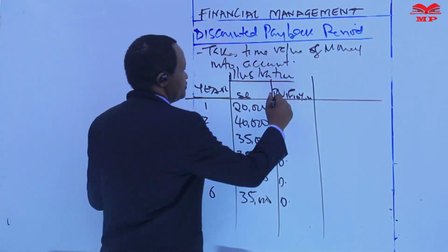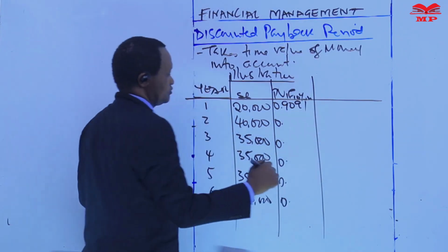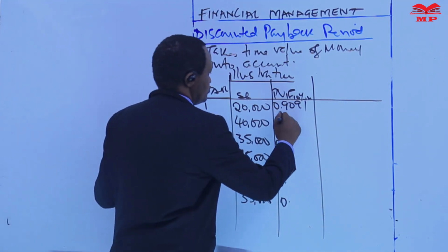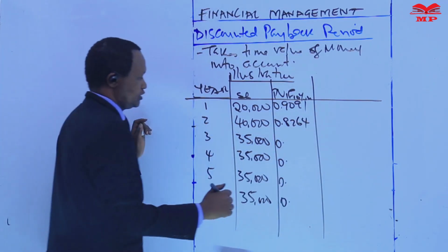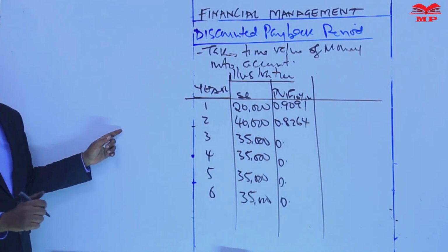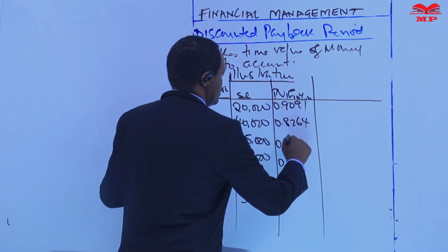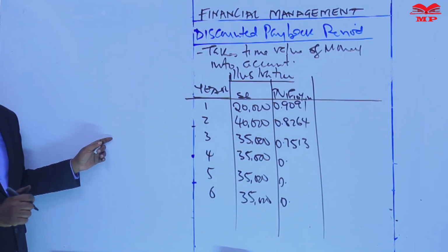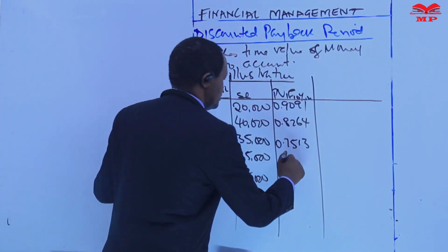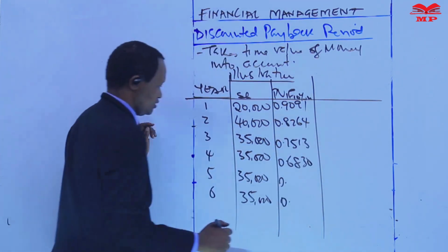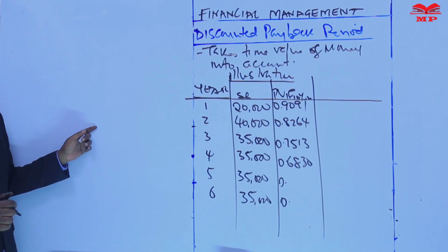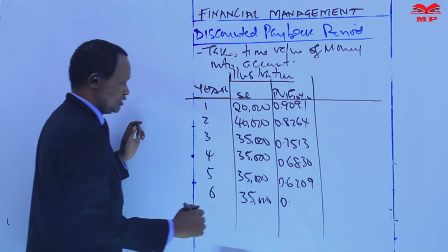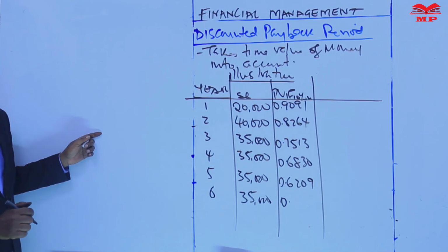The factors are: year 1, 0.9091; year 2, 0.8264; year 3, 0.7513; year 4, 0.6830; year 5, 0.6209; year 6, 0.5645.